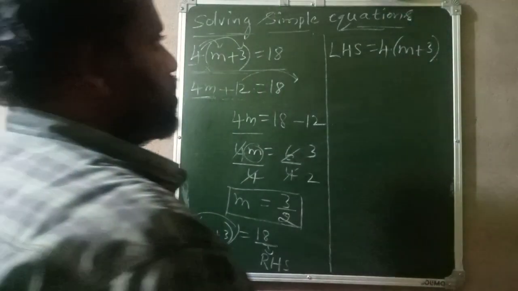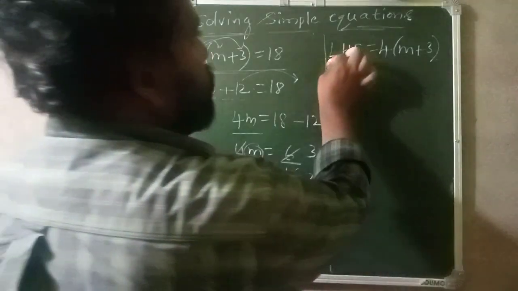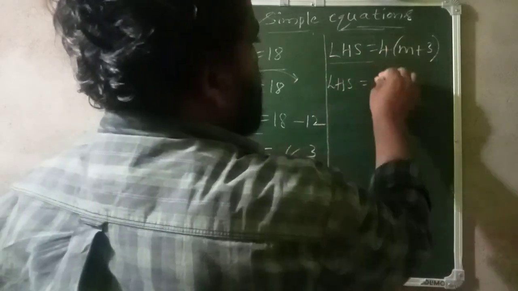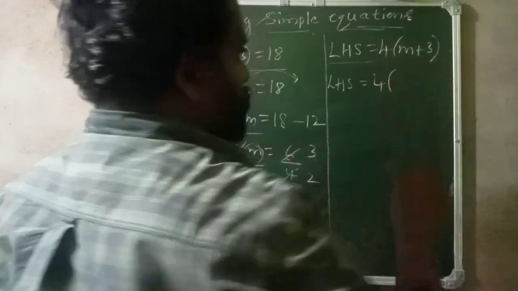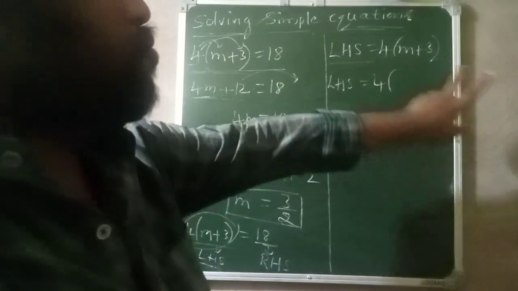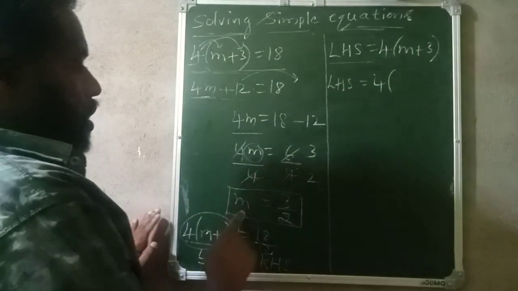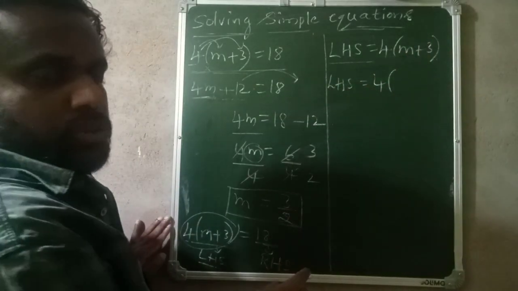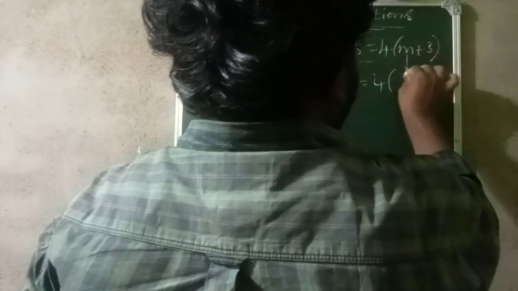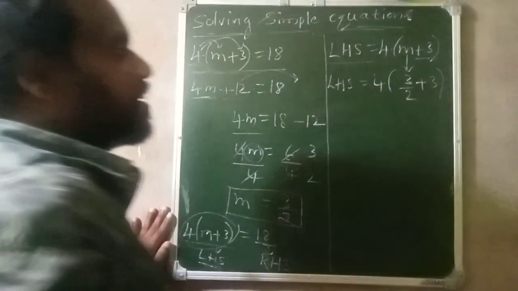Okay. So next step, write this LHS is equal to 4, write this bracket. Now we have to substitute a value for m. So we got m is equal to 3 by 2. So the value of m is 3 by 2. So in place of m, you will write 3 by 2, plus 3 as it is, and close this bracket. Okay.